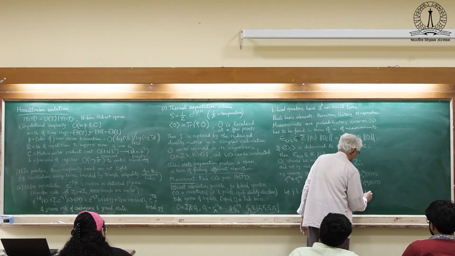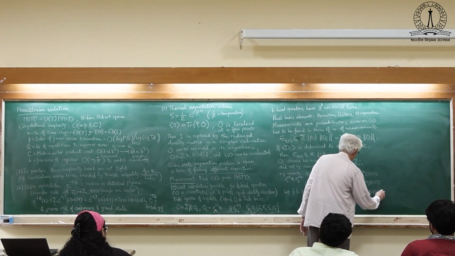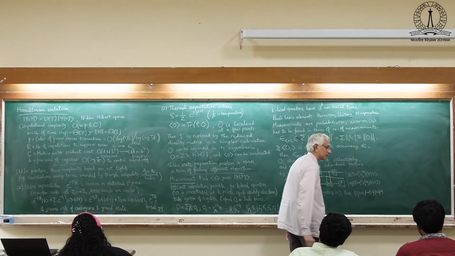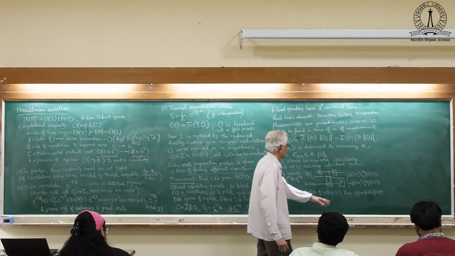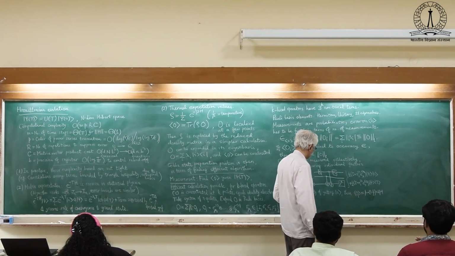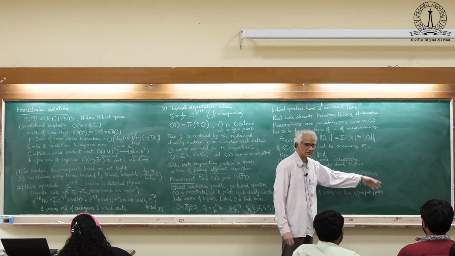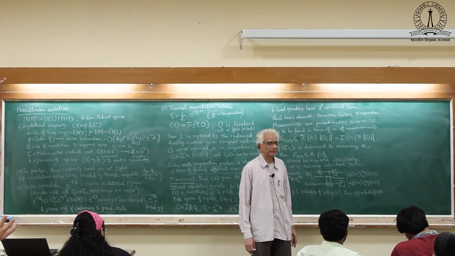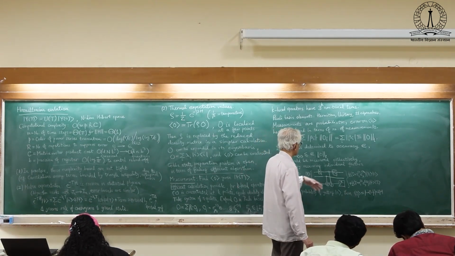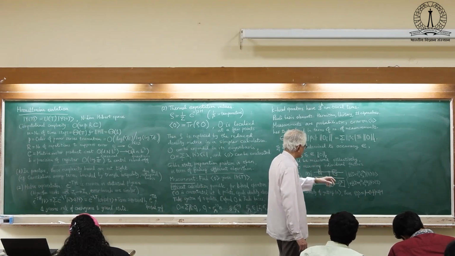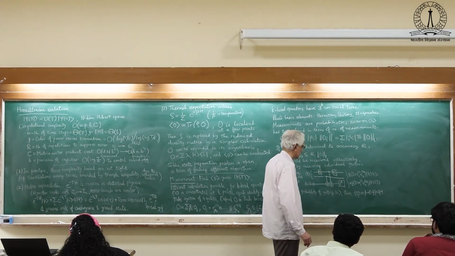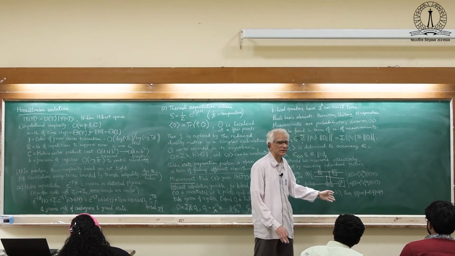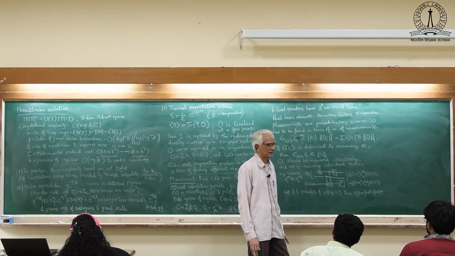I wrote it quickly, but P corresponds to plus 1, 1 minus P corresponds to minus 1, added together, and that is 2p minus 1. So you can forget about counting two numbers, you have to just count one number p, because that's a binary case, nothing more than that.